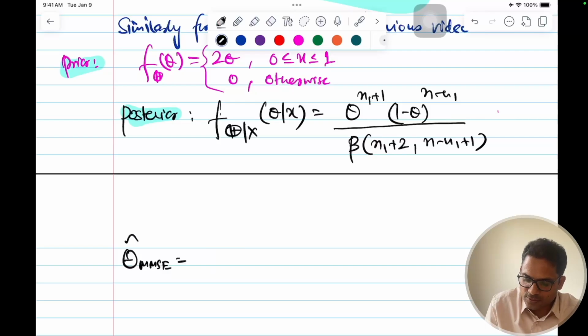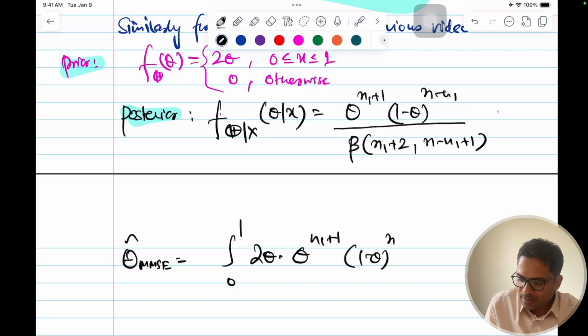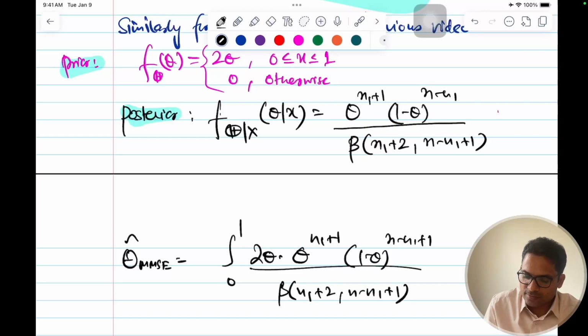I will do it quickly for you. Integral 0 to 1, this is 2 theta into theta^(n1+1) into (1 minus theta)^(n minus n1 plus 1), divided by beta of n1 plus 2 comma n minus n1 plus 1. Okay, and this 2, and here also that 2 will come.